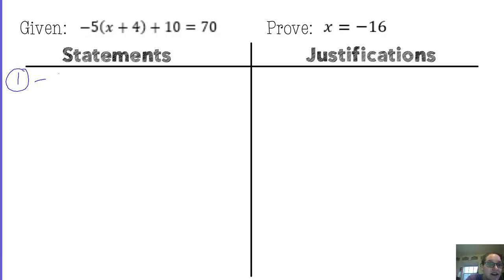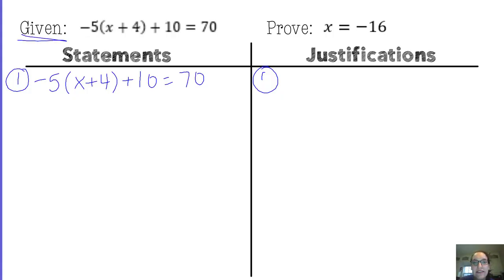So -5 times (x plus 4) plus 10 equals 70. And my reason for that first statement is, I told you, it's the given. The reason why I'm allowed to say that is because it is the given. So your first statement of your proof is always the given statement, and then the justification is, it's given.